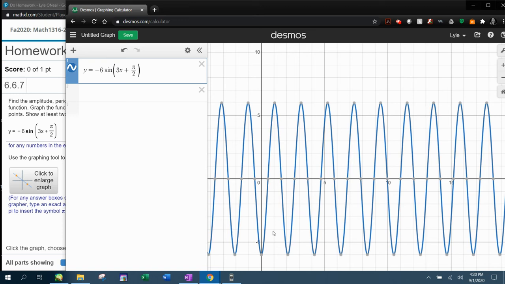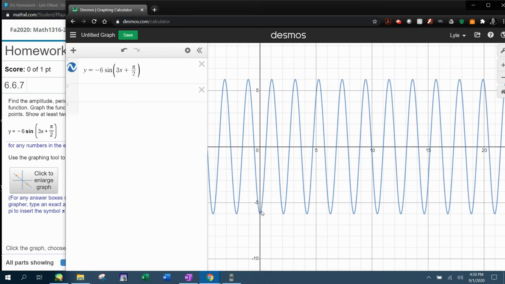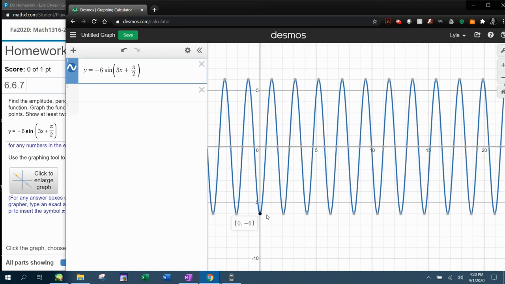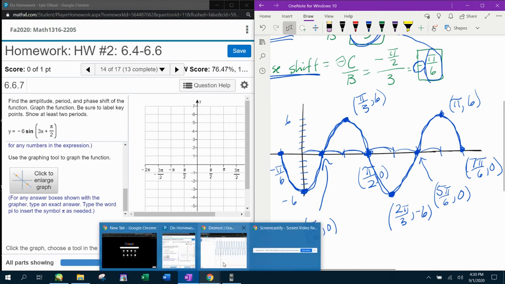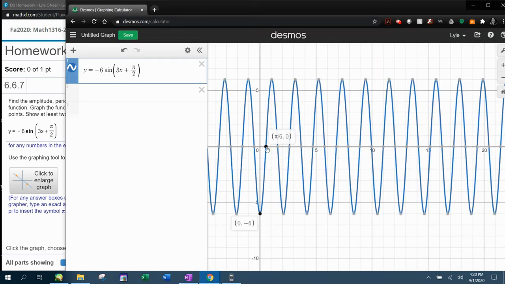If I scroll this out just a little bit so you can see those. 0 is at negative 6. Was that on my hand-drawn graph? Right there. 0, negative 6. I didn't label that as an ordered pair. But the next one I did, pi over 6 and 0. There you go.